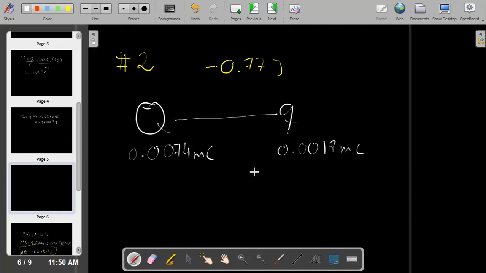What else do we know? Its place originally, so our initial distance, is 13 centimeters. Okay, great. And then what?